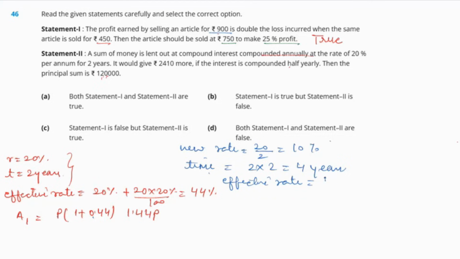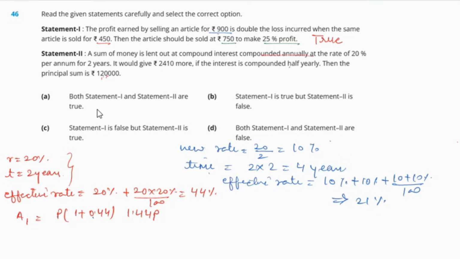The effective rate we calculate is 10% plus 10% plus 10% of 10%, so we get the effective rate as 21% for 2 years.